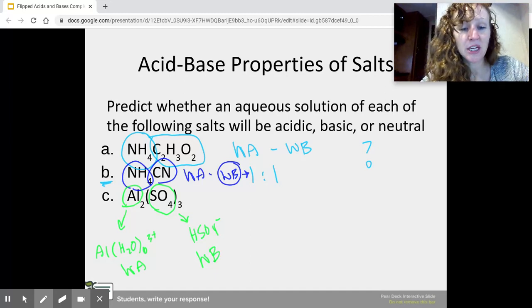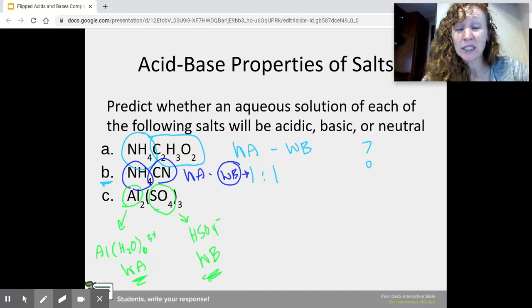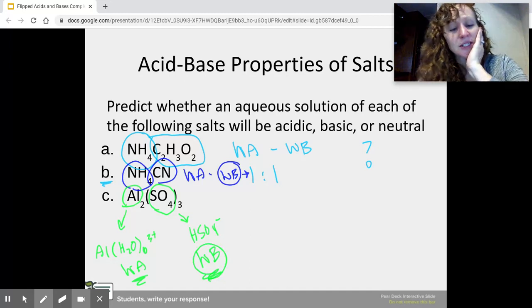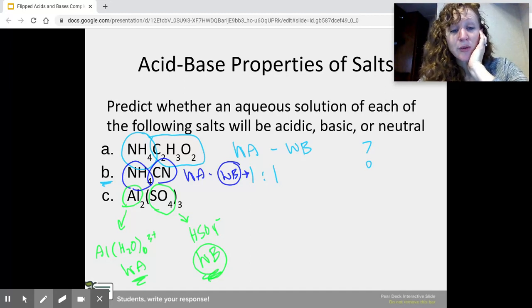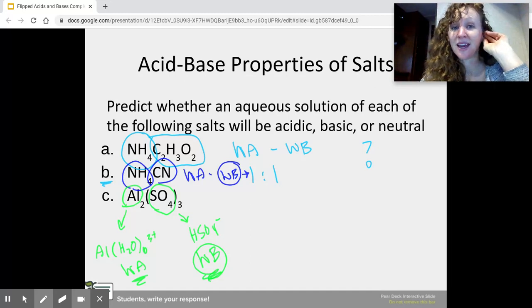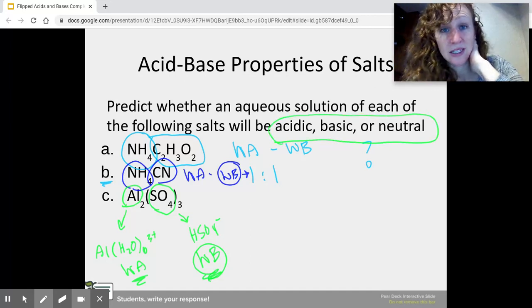On the last page, what was this one? It was like 10 to the negative 4th or negative 5th. This one is going to tend to be a really weak base because it's the second protonation, right? It's the weak base off the second protonation. So again, I don't know. We're definitely going to have acids and bases here in all three of these solutions, but you're going to have to look up the Ka equations to figure out which ones are stronger and which ones are weaker before you can actually tell me, is it going to be acidic, basic, or neutral?